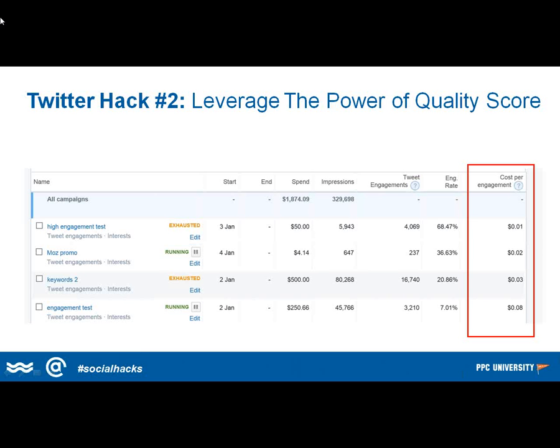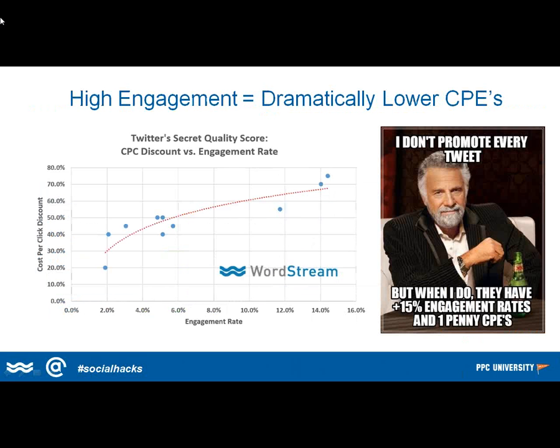Obviously, that makes sense because Twitter wants to show the tweets that are going to be very engaging as opposed to stuff that's annoying because it's going to show up in your timeline. I did some research earlier this month trying to reverse engineer Twitter's secret quality score that they don't talk about anywhere. If you Google their site, they don't talk about this at all.